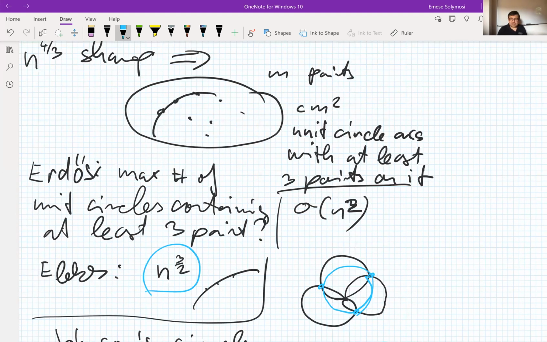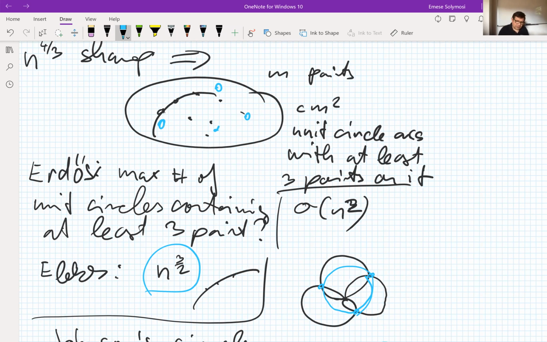And the work, which I won't have time to explain, with Zevdvir and Garg and Oliveira, we proved that if you had C times n squared co-unit circular triples, then you could choose some constant number of points, depending only on C, such that if you fix them, then the whole system is rigid.